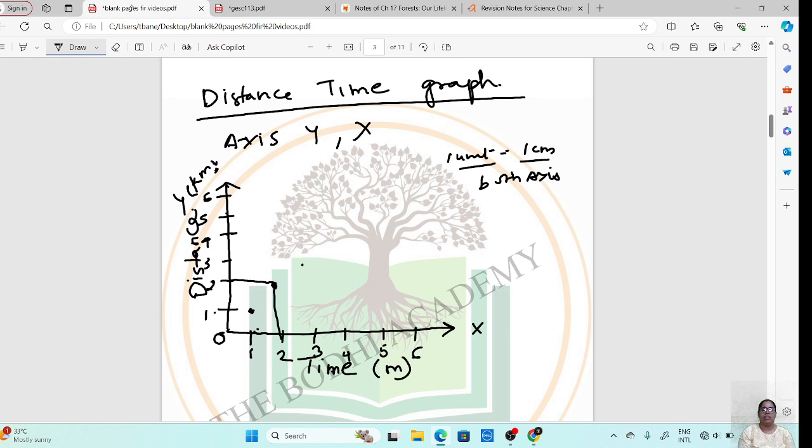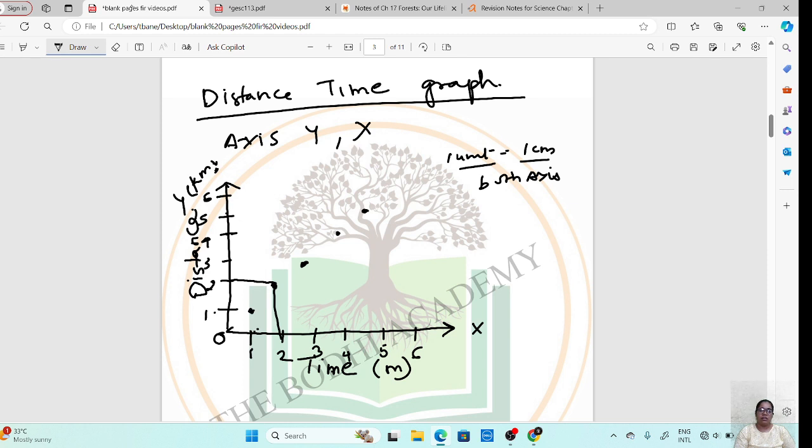So similarly, in 3 minutes, he is covering 3 kilometers. Again, in 4 minutes, he is covering 4 kilometers. In 5 minutes, he is covering 5 kilometers. So what we will get is a graph which is representing the data which is given, that is the time and the distance.